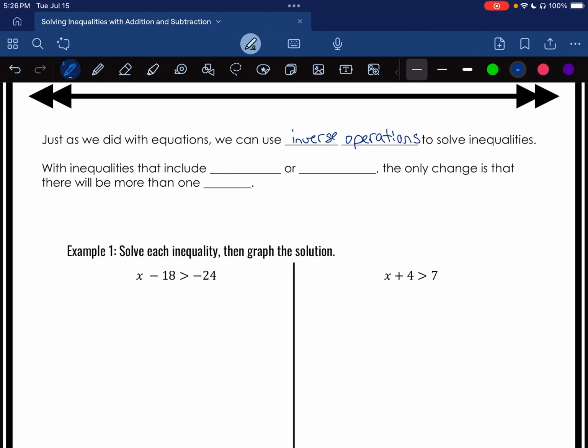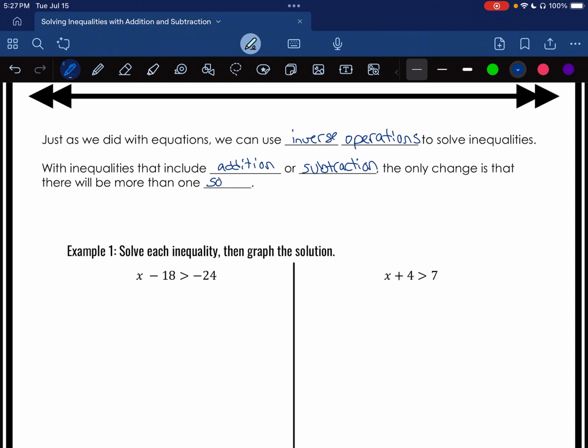to solve these inequalities. So with inequalities that include addition or subtraction, the only change here is that there's going to be more than one solution.